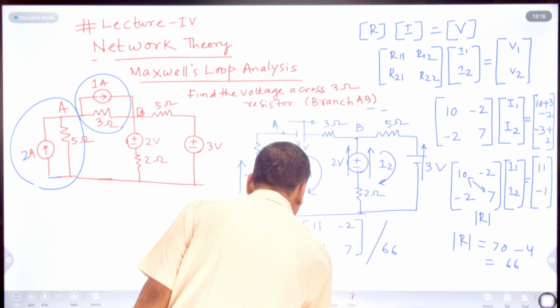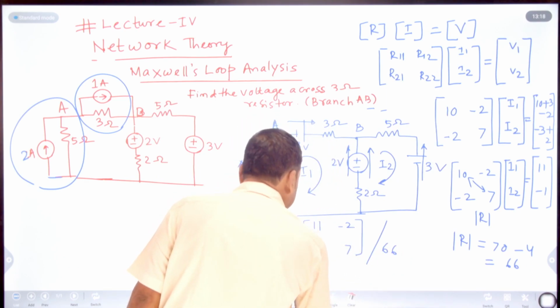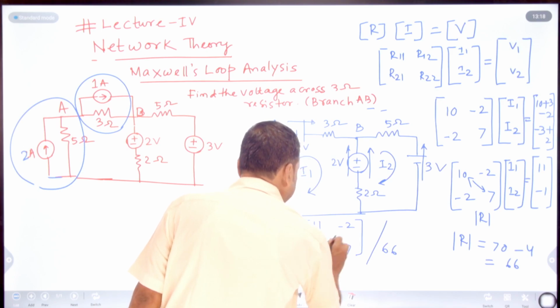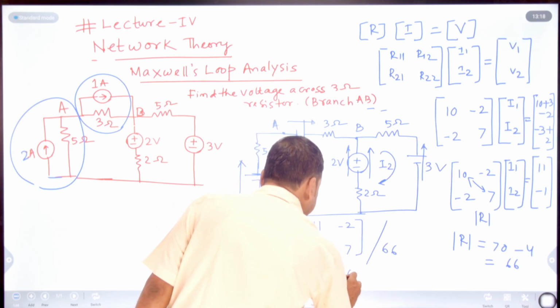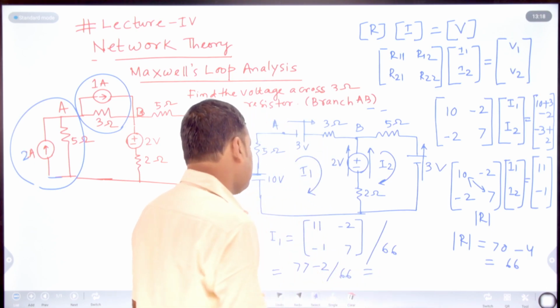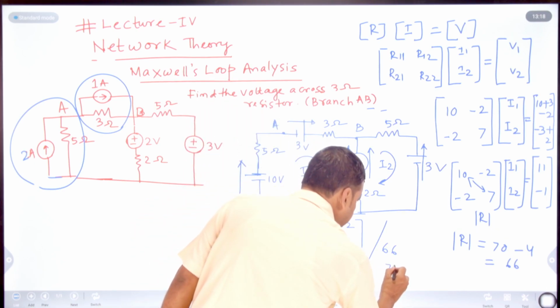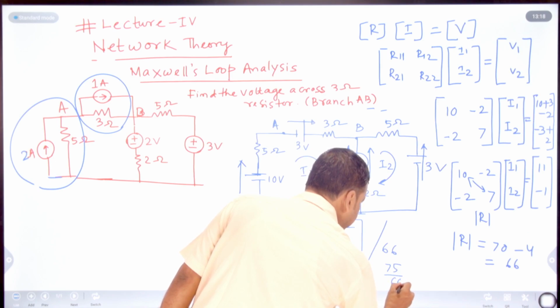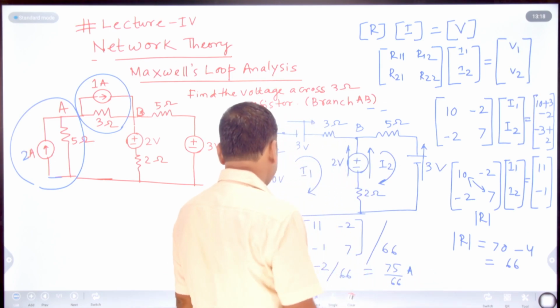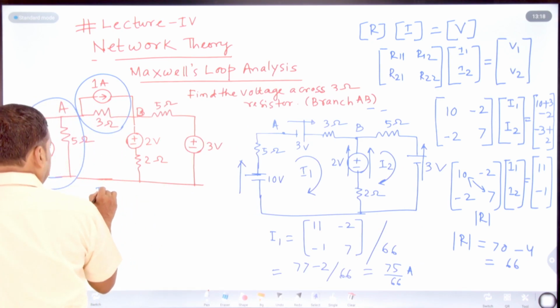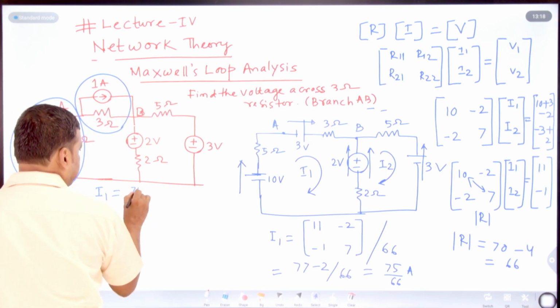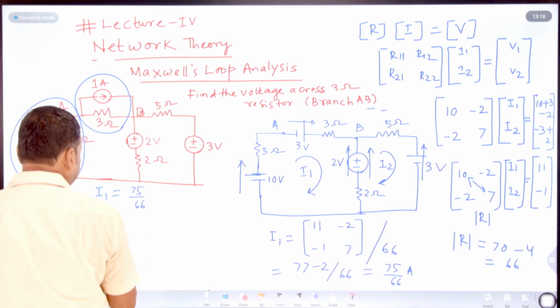So I1 is 11 into 7, 77, minus minus 2 into 1, 2, divided by 66. The value is 77 minus 2, 75, 75 divided by 66 ampere. The value of I1 is 75 by 66 ampere.